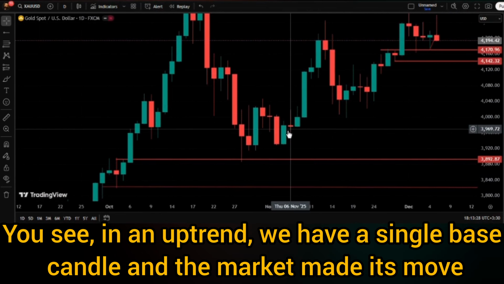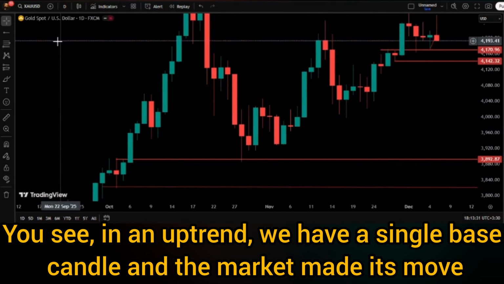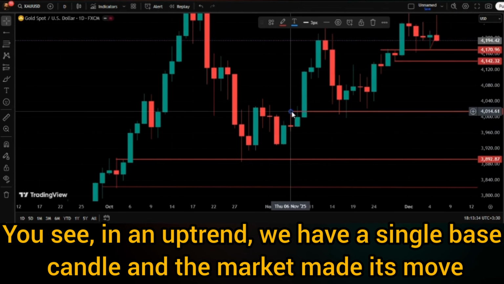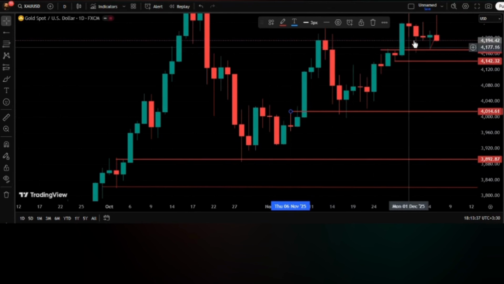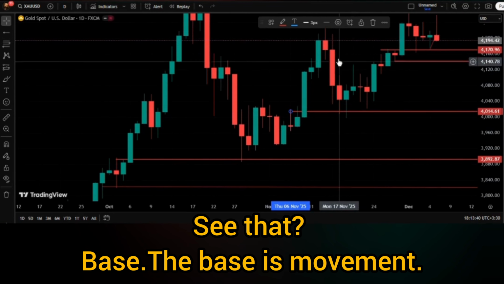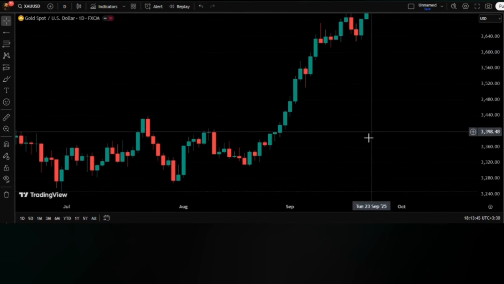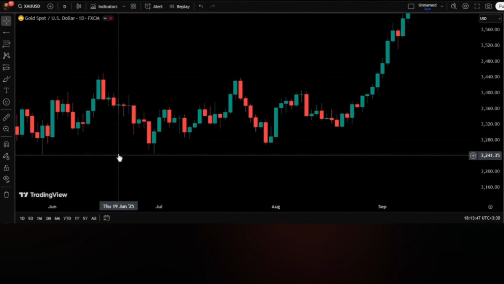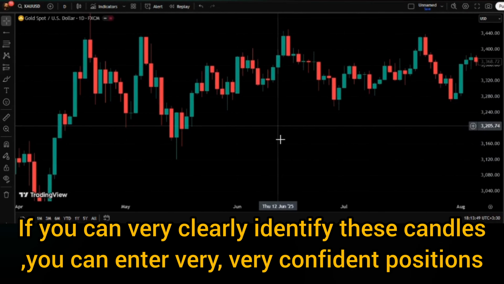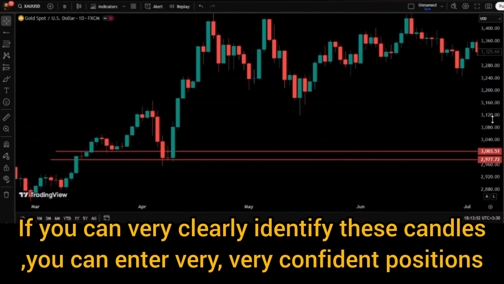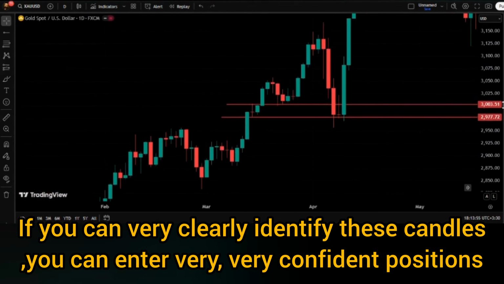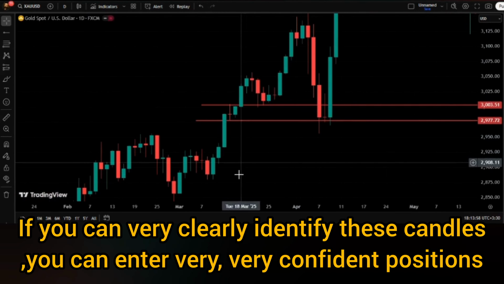You see, in an uptrend, we have a single base candle, and the market made its move after reaching the base area. See that? Base, the base's movement. If you can very clearly identify these candles, you can enter very confident positions.